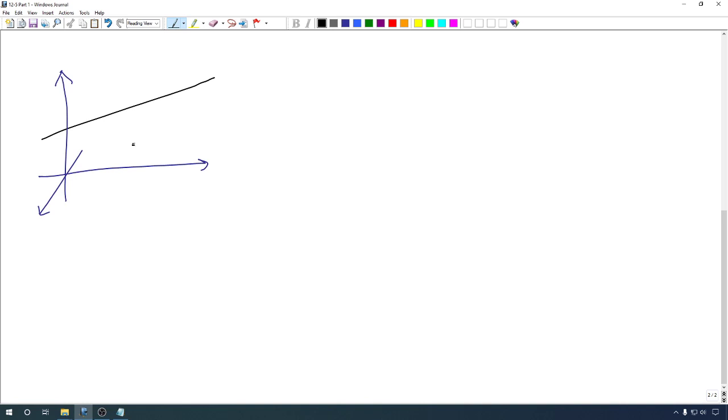Exactly how you want to situate it with regard to the axes is up to you. That's not really too important right here. But what we are going to do is say that we have a vector along the line. I'm just going to draw it above to make it a little bit more distinct. Let's say this vector is the vector v, and it has components a, b, c.